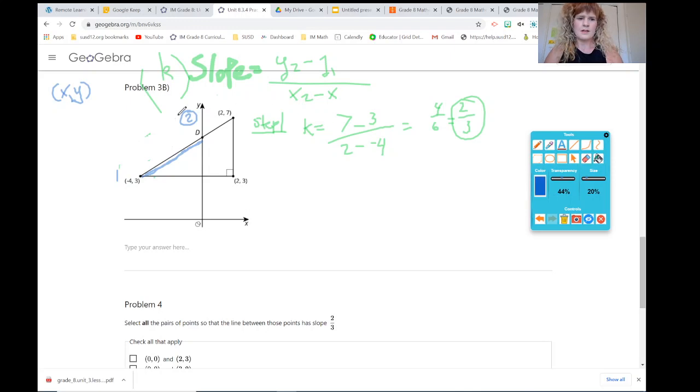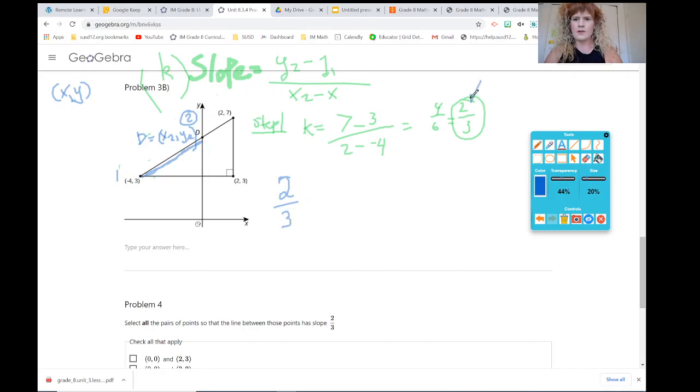So where was I? Okay, point D. These are the coordinates of point D. It equals x2 and y2. Okay, now let's find the slope. We already know the slope. Slope equals 2/3.